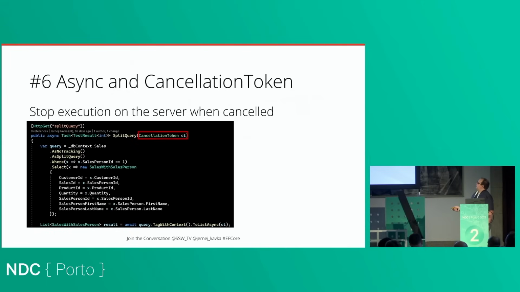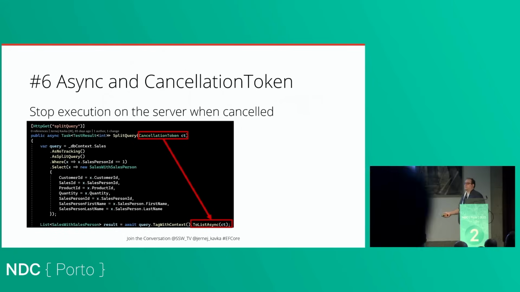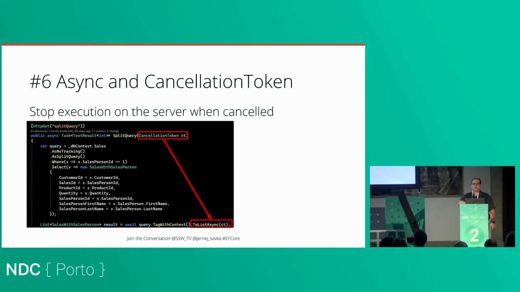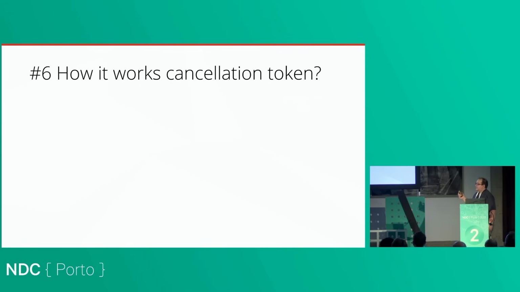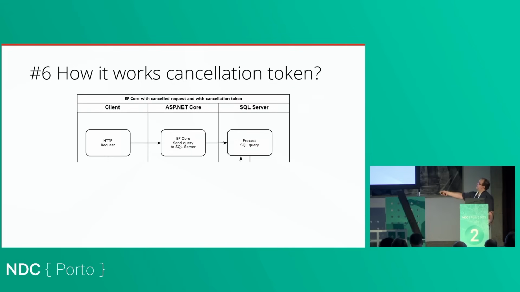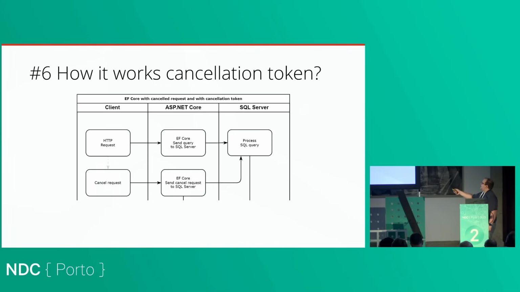So what you can do is, on all of the requests, you can take a cancellation token and pass it over here to ToListAsync, FirstOrDefaultAsync, AnyAsync, MaxAsync, almost all of the operations that return something from SQL Server will have an async option with a cancellation token. Now, what happens is when we're doing an HTTP request, it generates a SQL Server query and sends it to SQL Server.